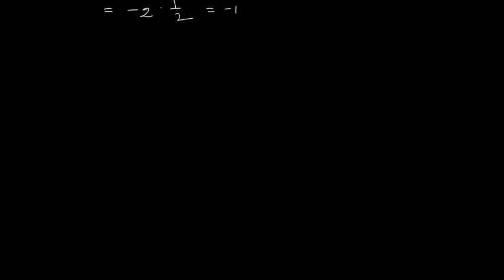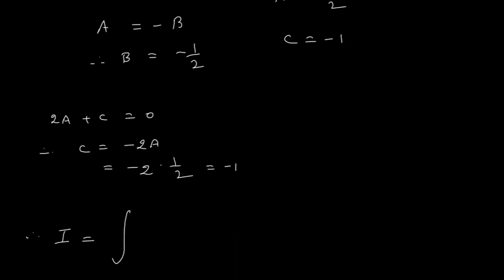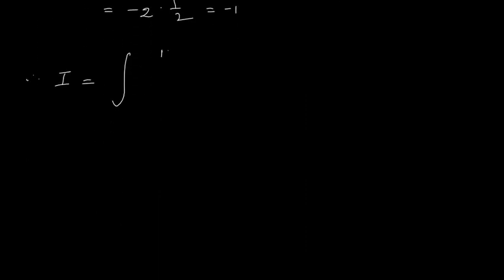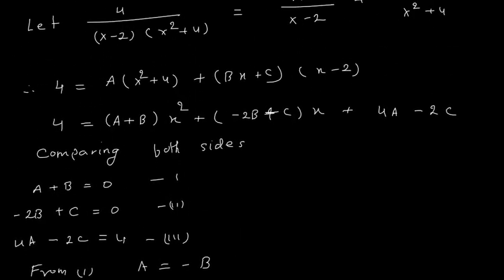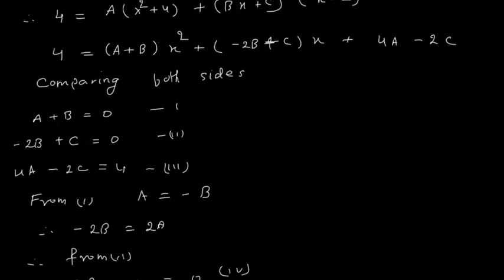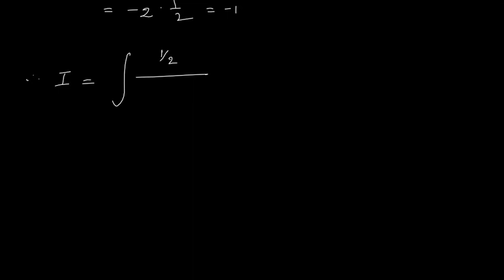So therefore I will say that the integral I is equal to the integration of a upon x minus 2, that is half upon x minus 2, then plus bx plus c.